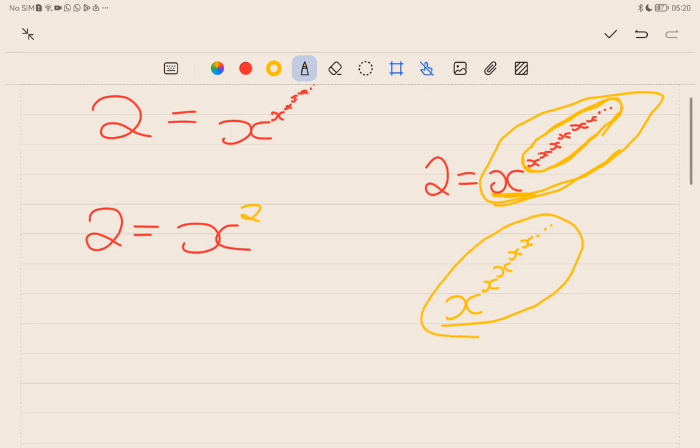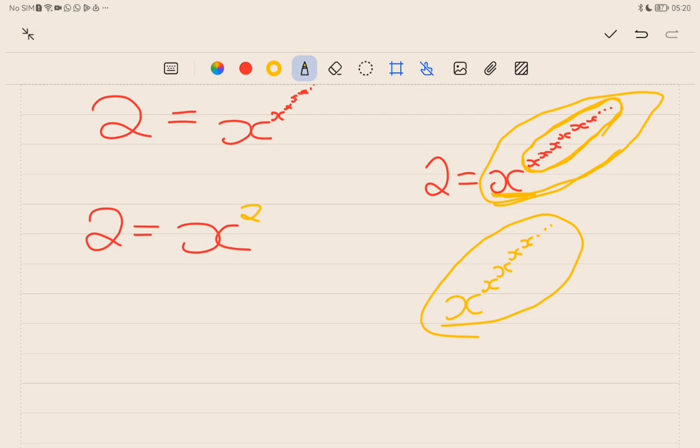Then what's left for you is to solve for x.